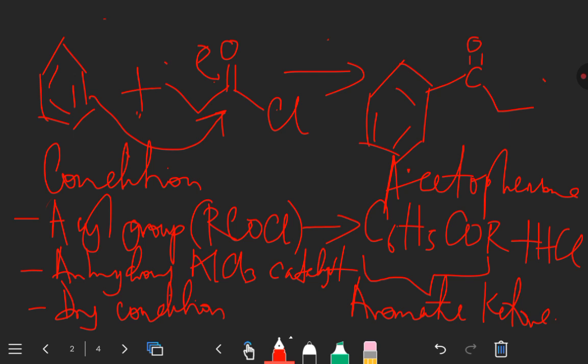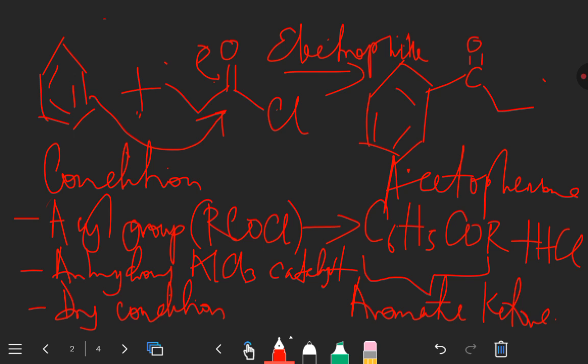And we know that we have an electrophile, and what acts as an electrophile is simply this acylium ion.